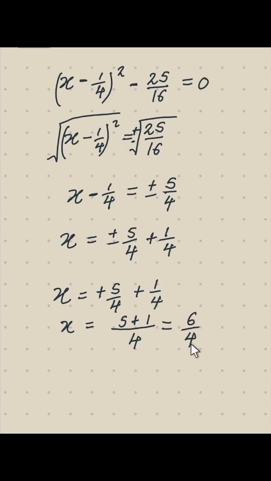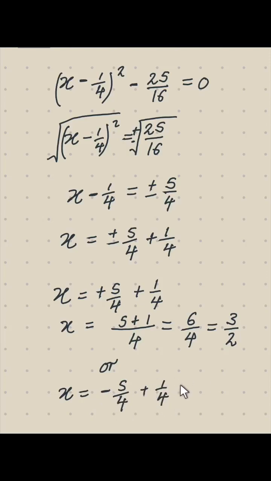Then 2 can go into these numbers. 2 into 6 will give us 3. 2 into 4 will give us 2. So that is one value of x. Let us find the other value of x, where x is going to be negative 5 over 4 plus 1 over 4.